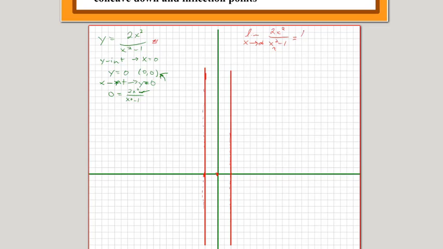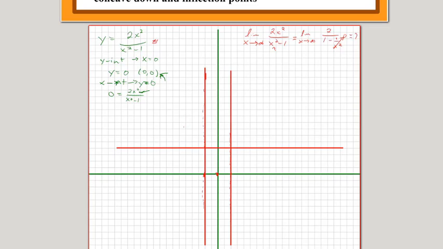That gives me the limit as x goes to infinity of 2 over 1 minus 1 over x squared, and of course that 1 over x squared goes to 0, so this limit is 2. So now that tells me I've got a horizontal asymptote at 2.